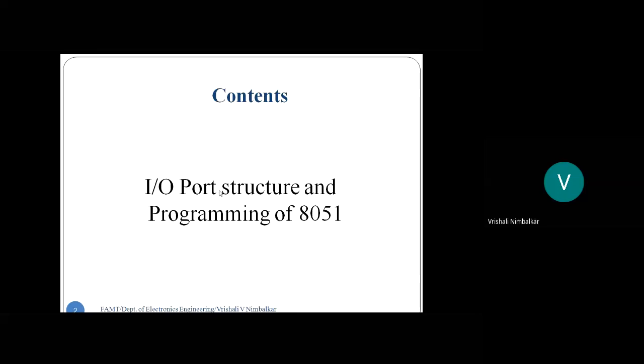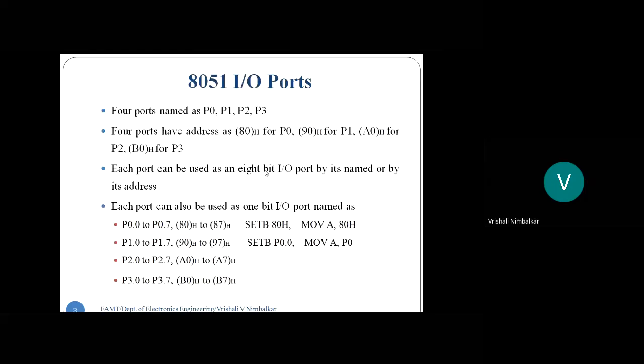Now, hope you all remember a little bit about ports. When we were studying 8051 pins, we had looked a little bit into input-output ports. So we will just take a look at it and then we will go to its functioning. What is the functioning of these IO ports? It is helping a microcontroller to connect with any input or output device, right?